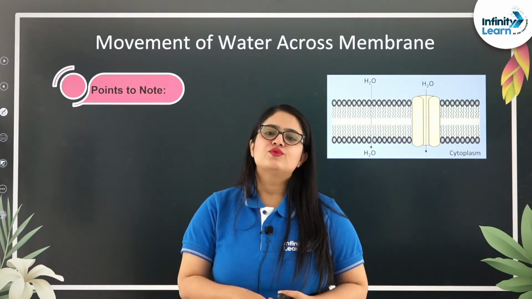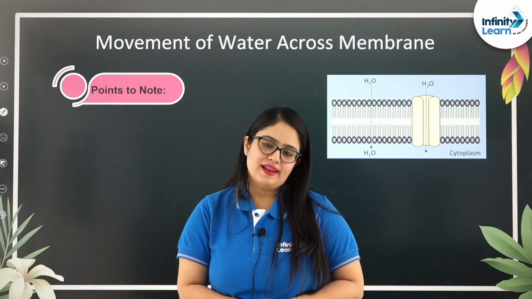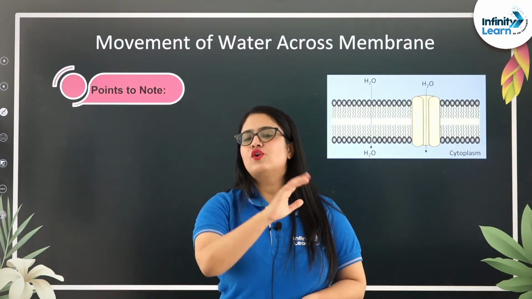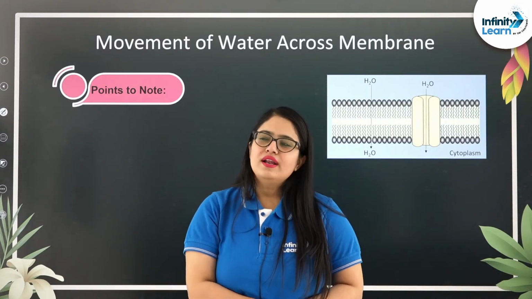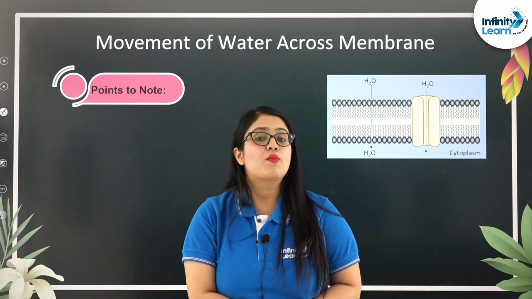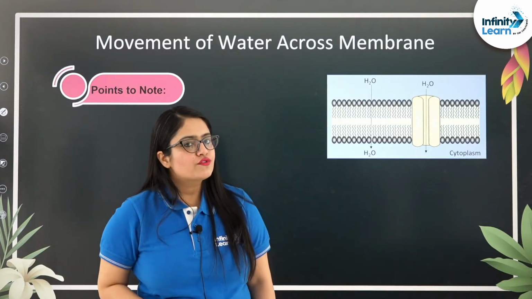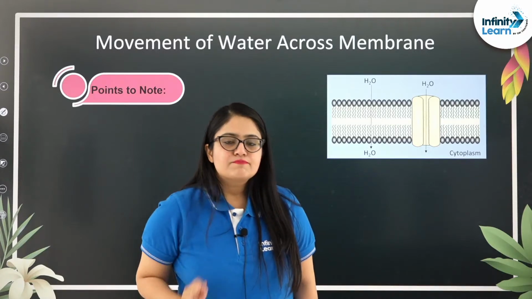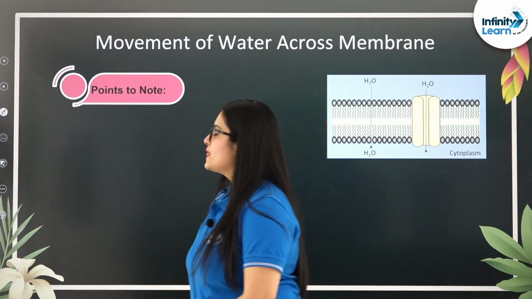Hence, water molecules cannot easily pass through the spaces between the lipid bilayer, so their movement from higher to lower concentration needs to be facilitated. Only a very small amount of water is transported by simple diffusion.